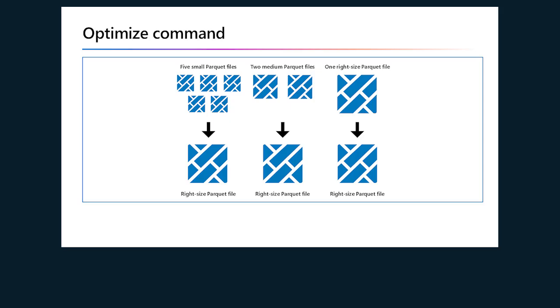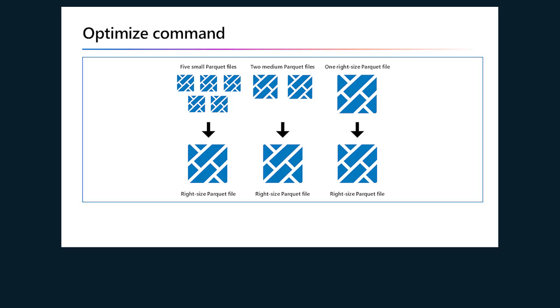Optimize is a table maintenance feature that consolidates small Parquet files into fewer large files. This is beneficial for big data processing engines and all Fabric engines, as larger file sizes, ideally closer to 1 gig, improve compression and data distribution across cluster nodes. This reduces the need to scan numerous small files, leading to more efficient read operations.